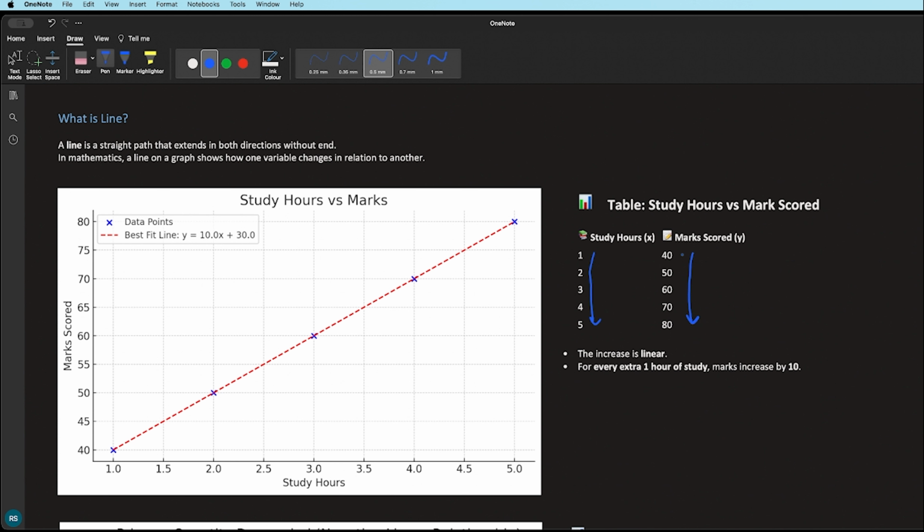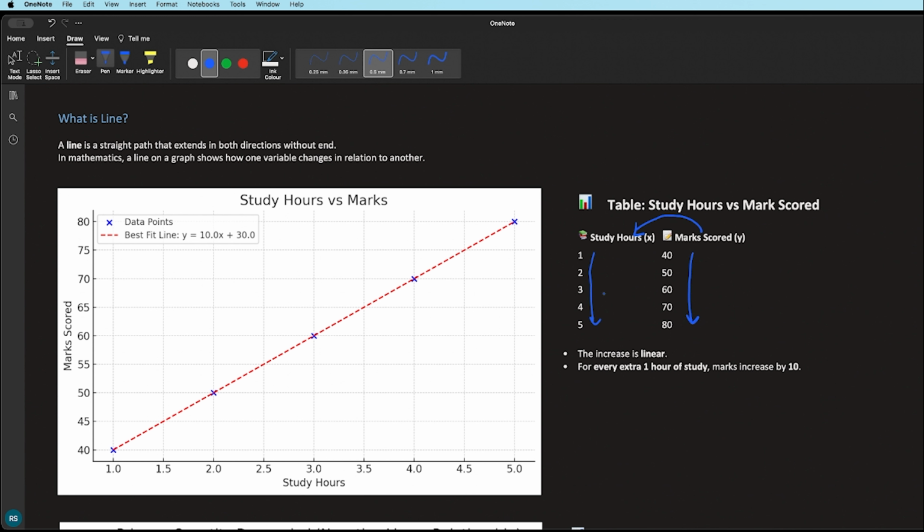So the variable y is dependent on the study hours. This variable y changes when the study hours change, and this is a positive relationship.